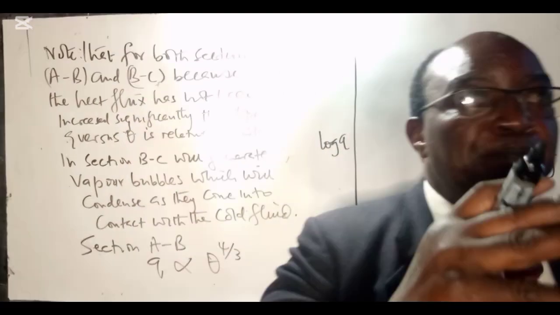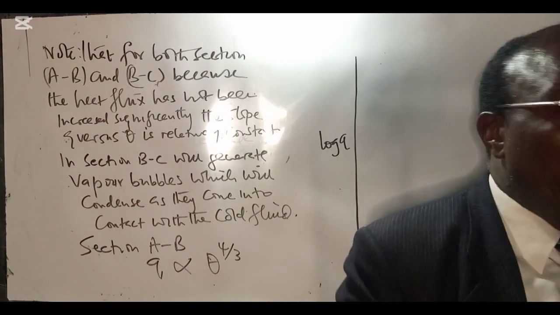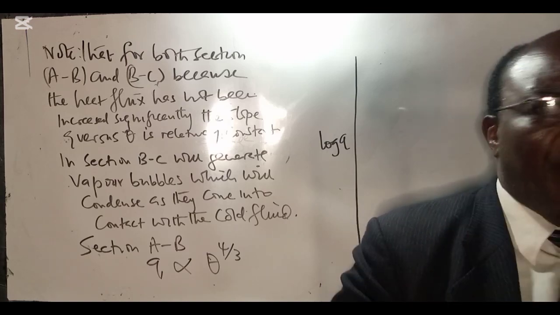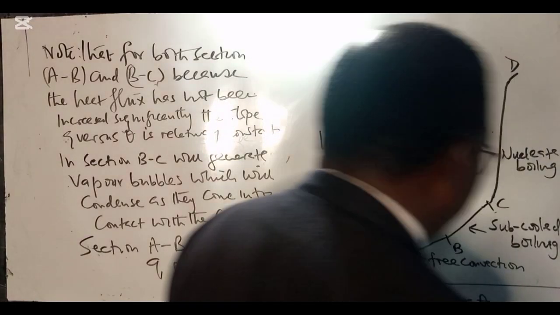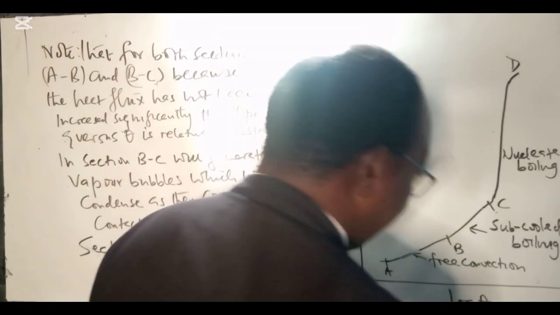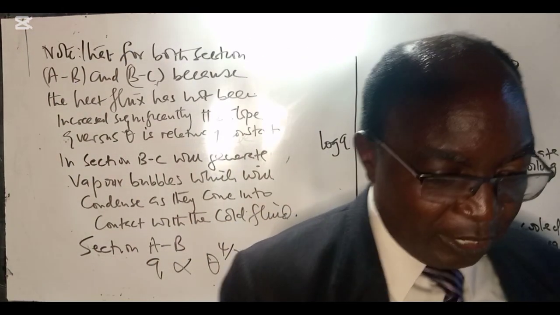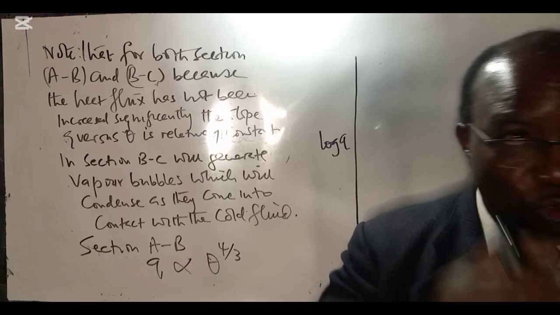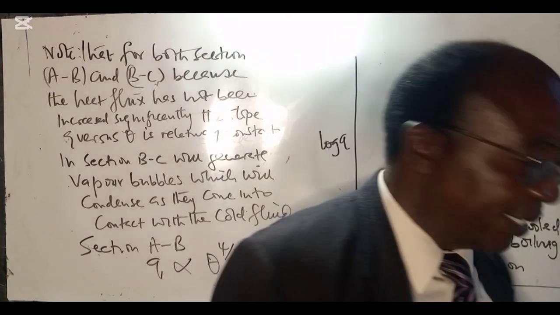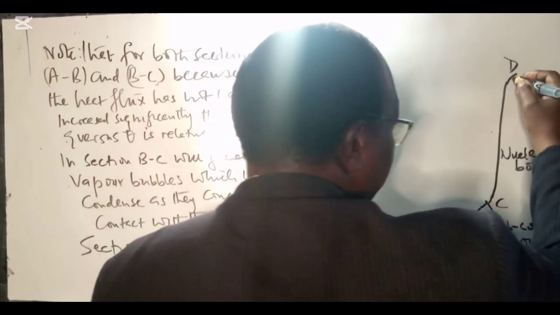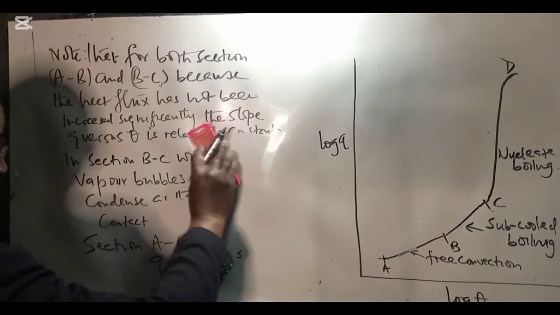In other words, they become an impediment to the fluid moving back to the surface, because there's a tirade of vapor bubbles being released from the heating surface. And when we reach that particular point, that is point D. Let's write down something first.